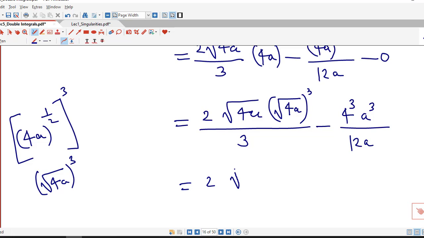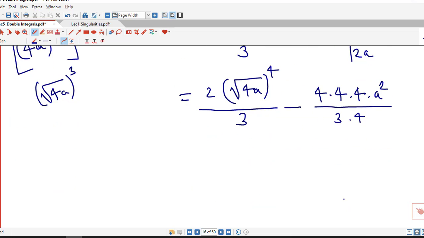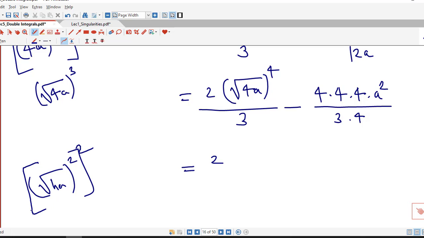So this is now going to be 4a raised to 1 plus 3, that is 4, divided by 3 minus here we can rewrite this as 4 into 4 into 4. Here 1a will cancel out, and here we rewrite 12 as 3 into 4. So square root of 4a raised to 4, that is square root of 4a square raised to 2. So this is going to be 4a. So here we have 4a square divided by 3.